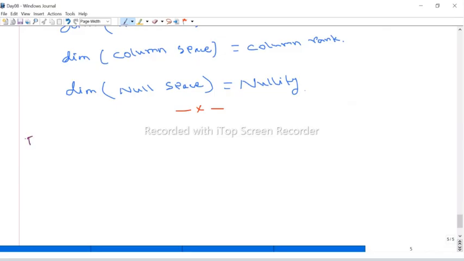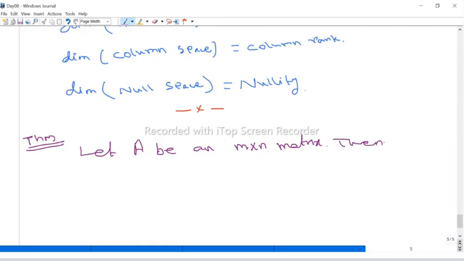So maybe we can state it as a theorem. Let A be an m by n matrix. Then row rank equal to column rank equal to rank of the matrix.